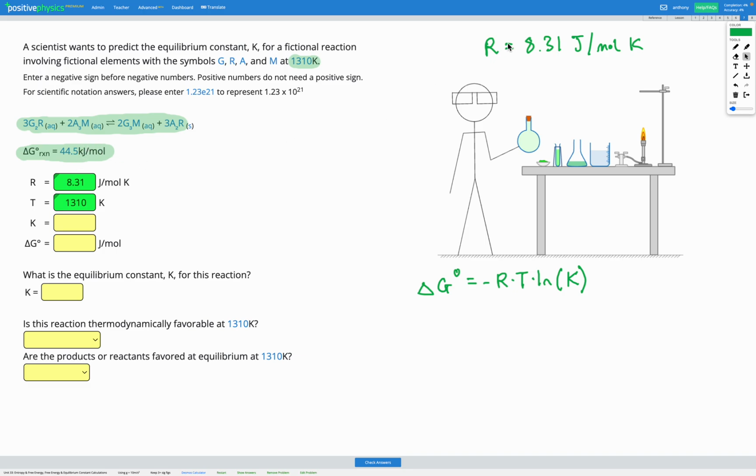However, because R is given in units of joules per mole Kelvin, we're going to have to convert our Gibbs free energy change into joules per mole instead of kilojoules per mole. And remember, kilo means 1,000. So 1 kilojoule is 1,000 joules.